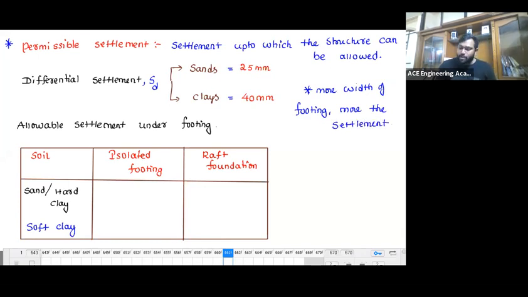Yes. Okay. So I can say the raft footing undergoes more direct settlement.